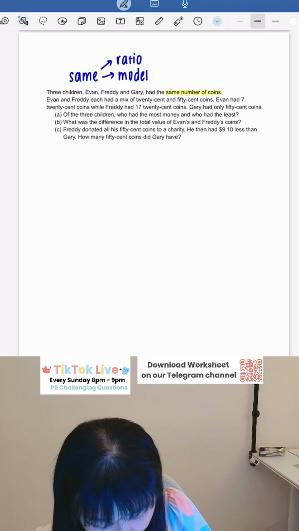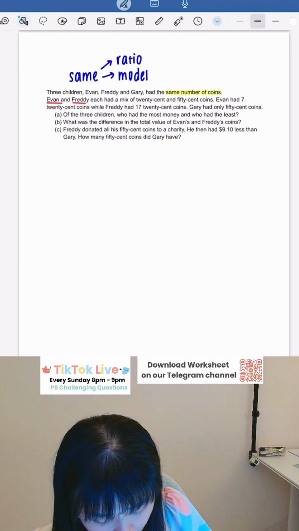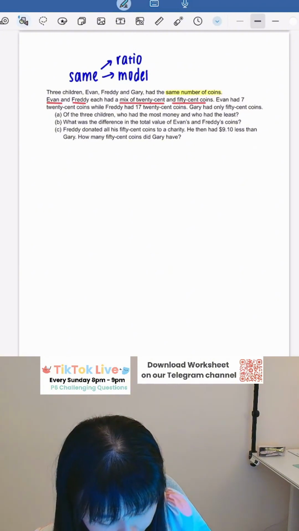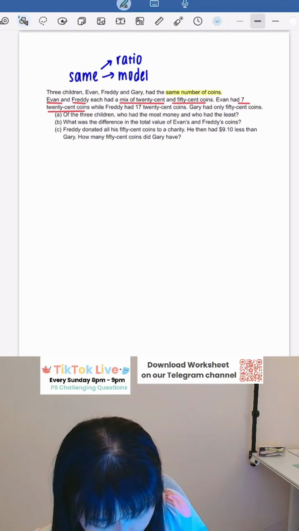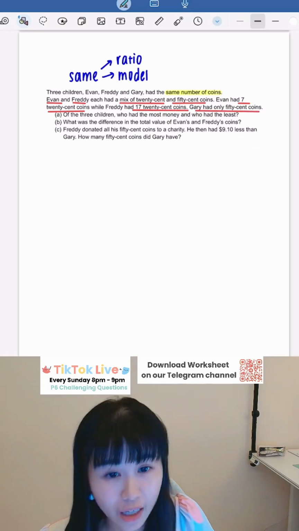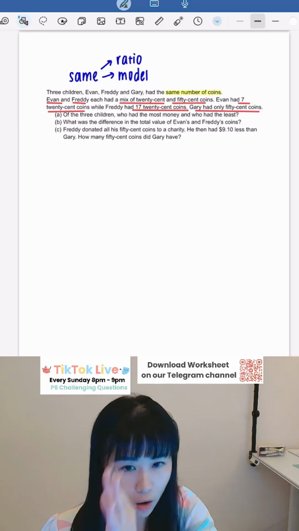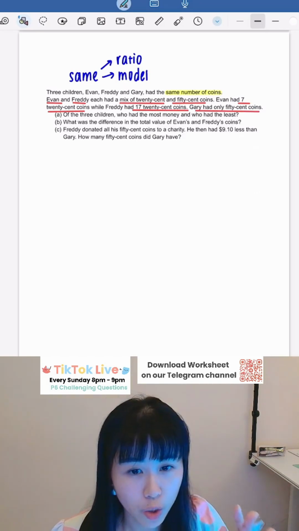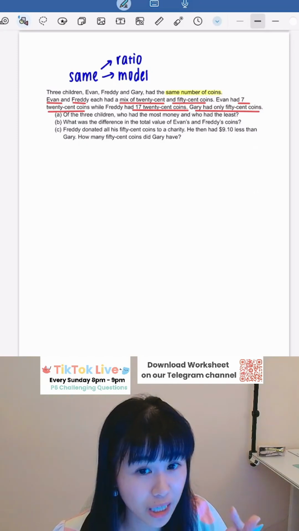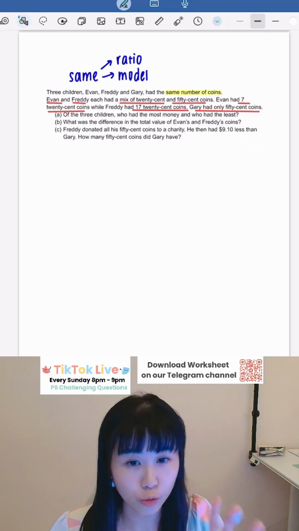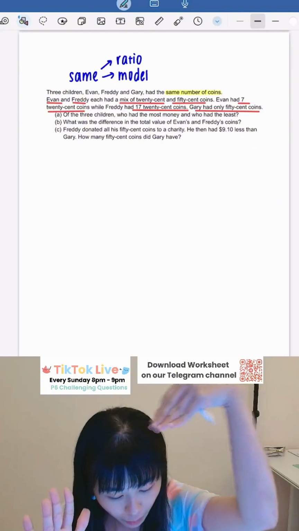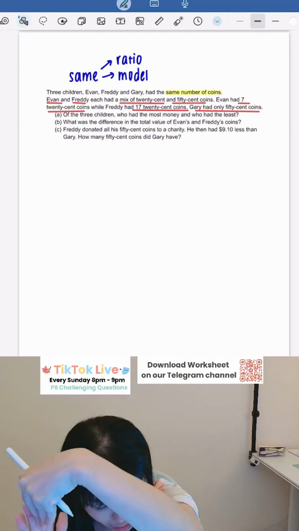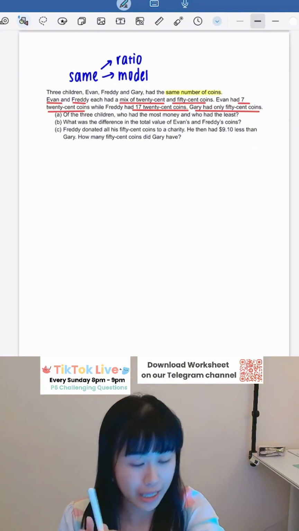Over here, Evan and Freddie each had a mix of 20 cent and 50 cent. Evan had 7 20-cent coins and Freddie had 17 20-cent coins. Gary only had 50-cent coins. If you read all this information, you will realize that model is definitely easier for you to do this question, because you draw a model, you can fill in the clues, which are the 7 20-cent coins and the 17 20-cent coins.